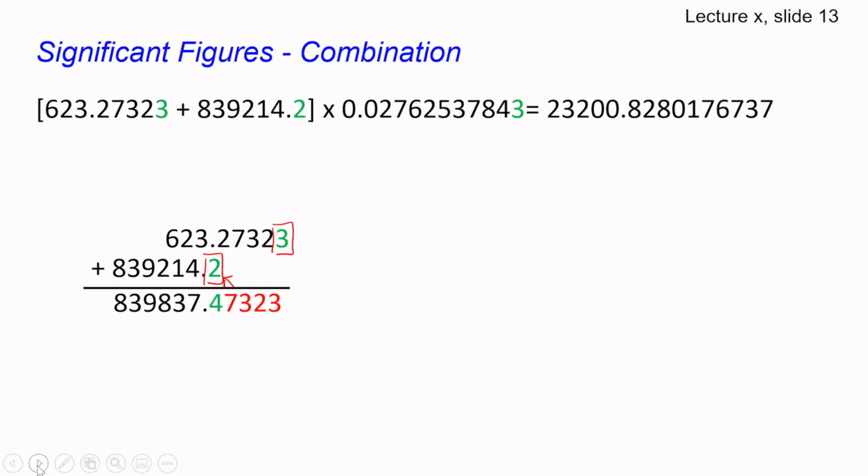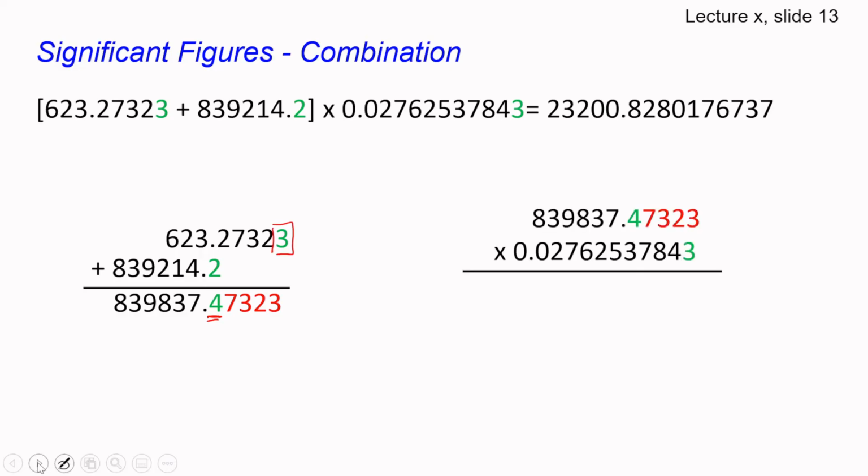We'll add them together. Now, when you do nested operations, you don't want to round now. If you round now, you're going to induce error. So that's bad. You just want to remember, hey, my actual number that has uncertainty is this 4. Then I do the next operation, keeping the whole number.